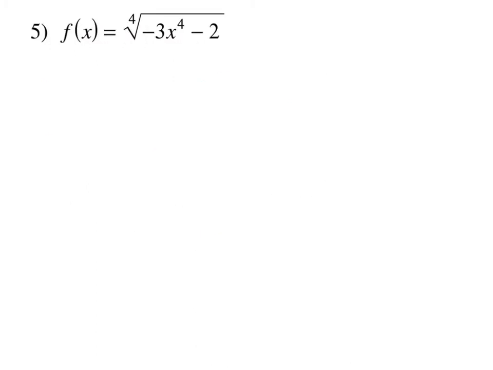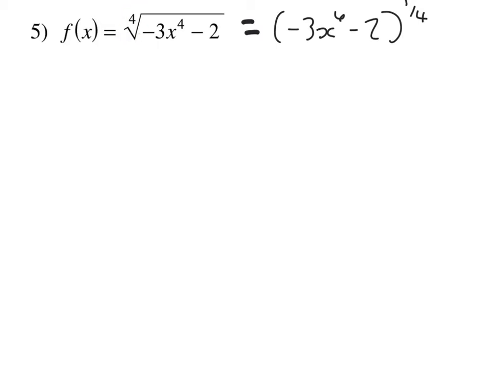Now this next one is a little bit trickier, because first we have to rewrite this with a power. So the fourth root of minus 3x to the power of 4 minus 2 can be rewritten as minus 3x to the power of 4 minus 2 raised to the power of a quarter.